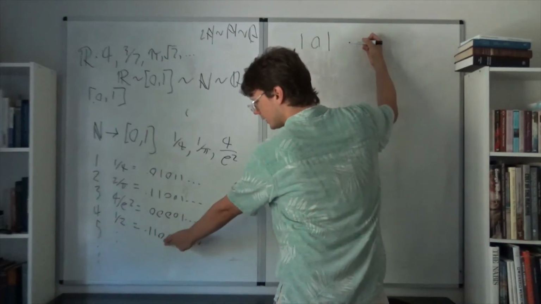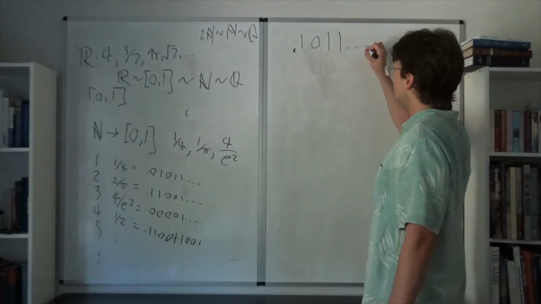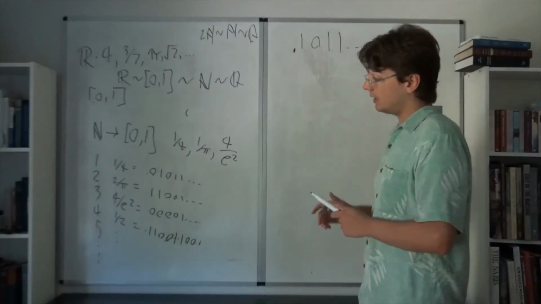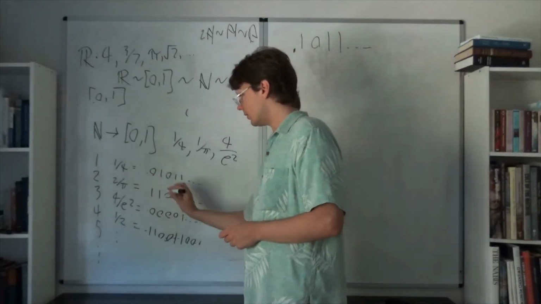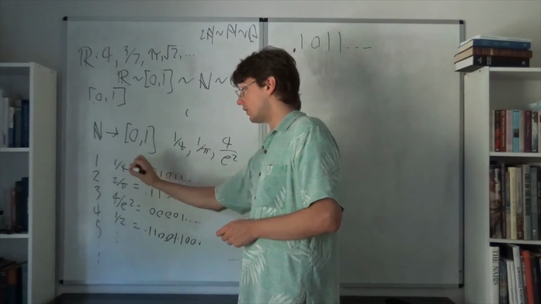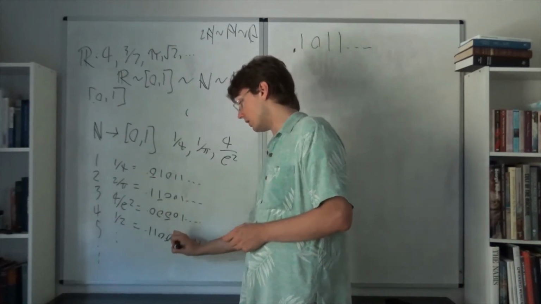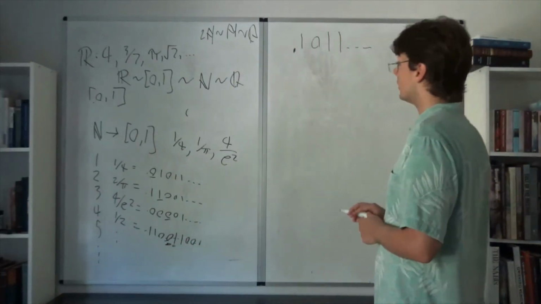And the fourth place I flip that 0 and I get 1. And I keep doing this, okay? The way this number is defined is I take the nth position, so the first position of the first guy, the second position of the second guy, third position of the third guy, and so on. And I flip the value.